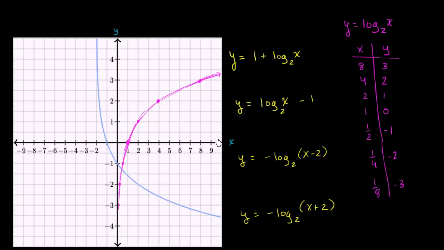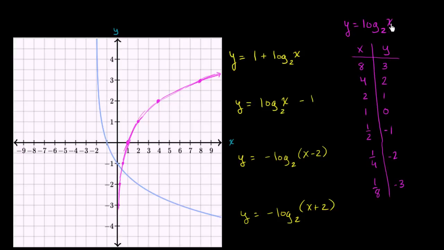As x becomes really, really large, you think about what power do I have to raise 2 to get that x? Well, it's going to increase, but it's going to increase at an ever decreasing rate. And then we see that as x approaches 0 from the right, to get closer and closer to 0, you have to raise 2 to more and more negative values. So the log, as we approach 0, becomes very, very negative. And we can never quite get to x equals 0.